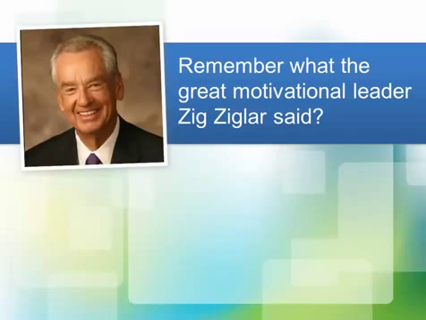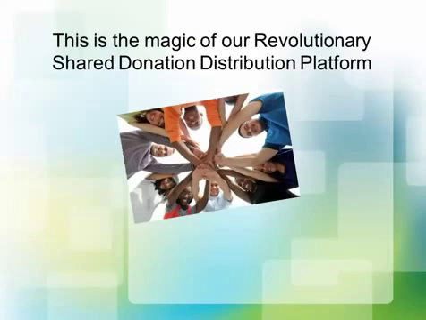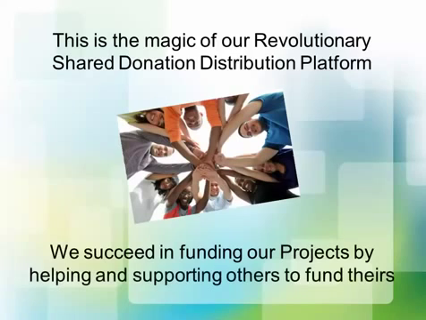Remember what the great motivational leader Zig Ziglar said? He said, if you help enough other people get what they want, you will get what you want. And this is the magic of our revolutionary shared donation distribution formula. We succeed in funding our projects by helping and supporting others fund theirs. And this is really key, this whole sentence right here.